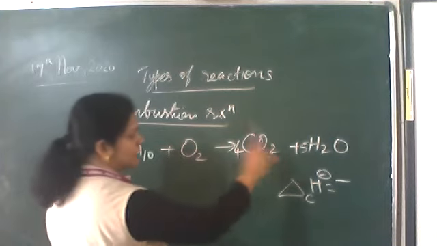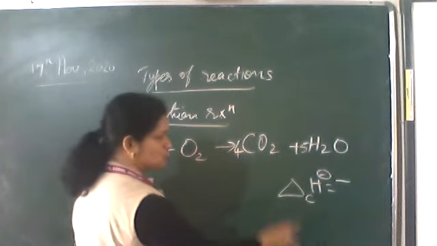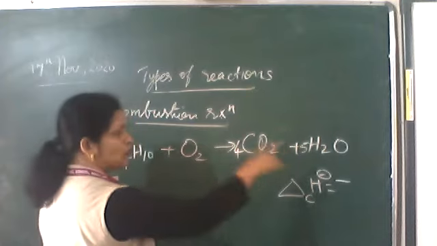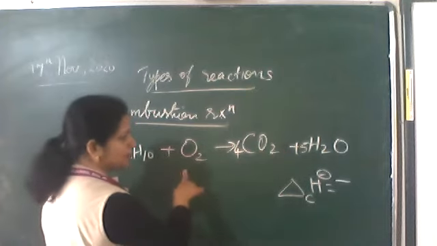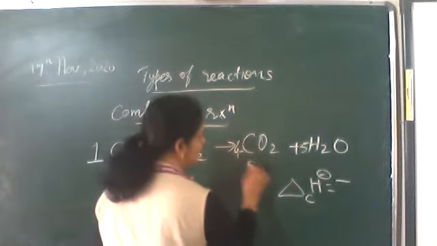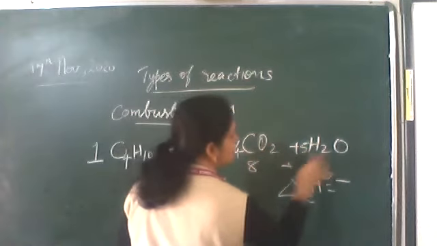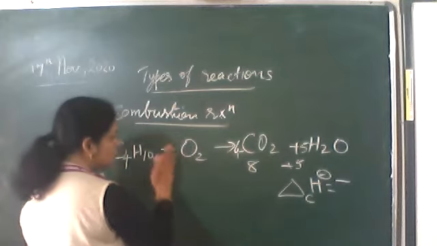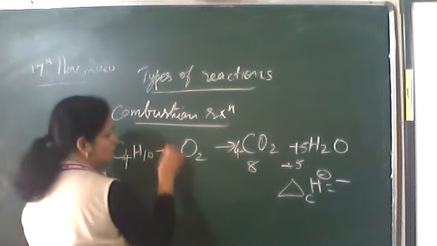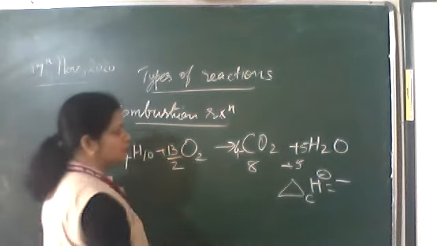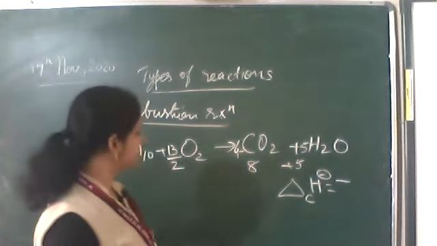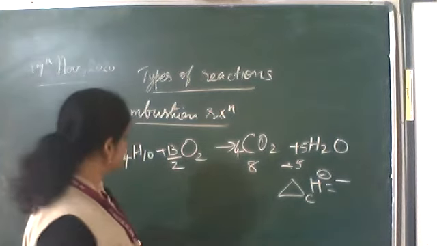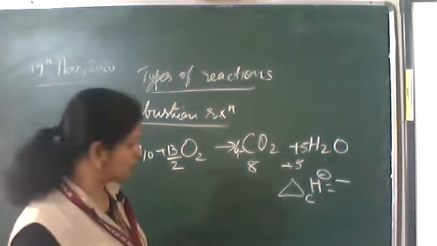So 4 carbon dioxide correct, 5H2O correct. So only those many oxygens are utilized here. Here 4 into 2, 8 oxygen, and here 5 oxygen. So 8 plus 5, 13 oxygen. Here you have to write O2 only. So here it will be 13 by 2 O2. This is the balancing of such equations.